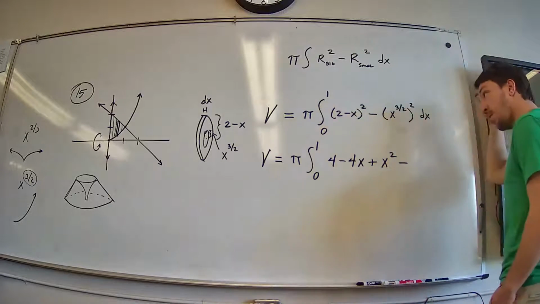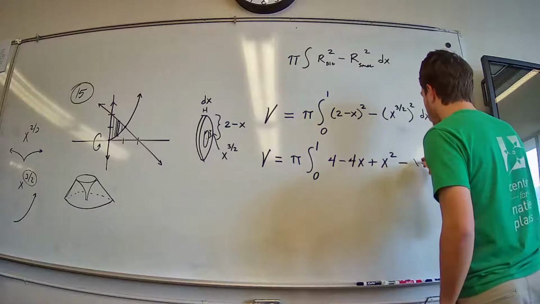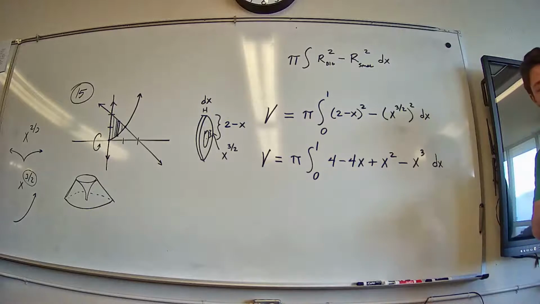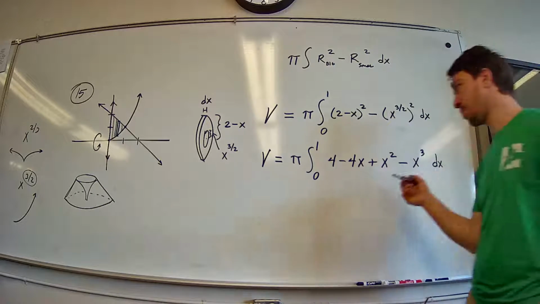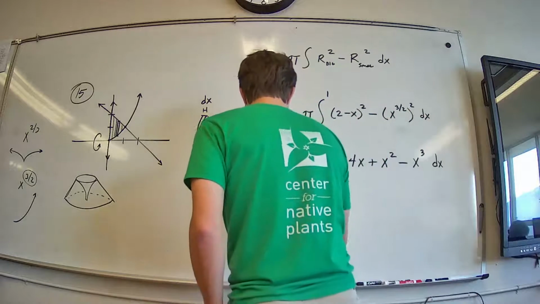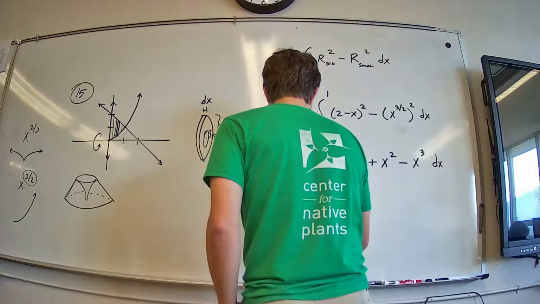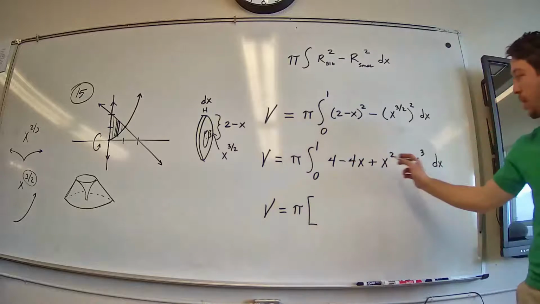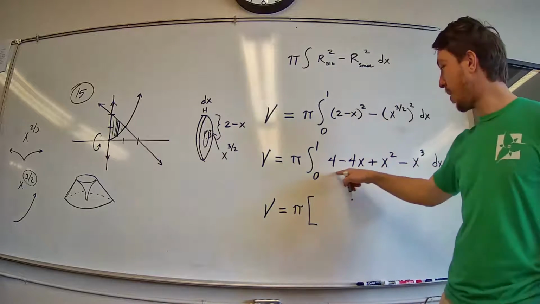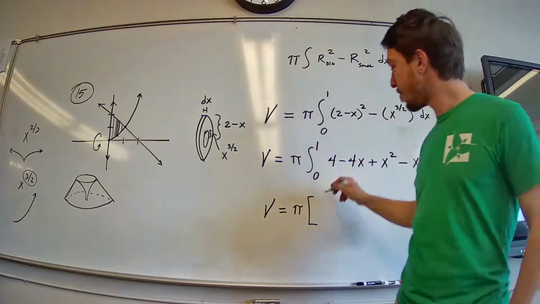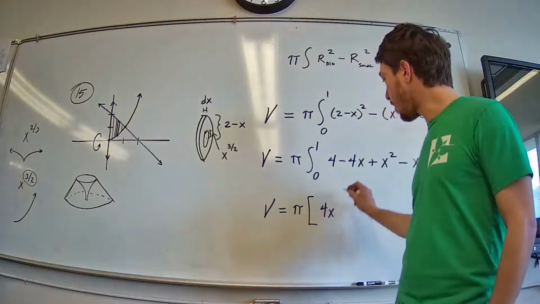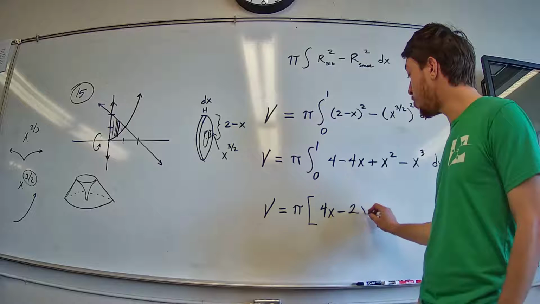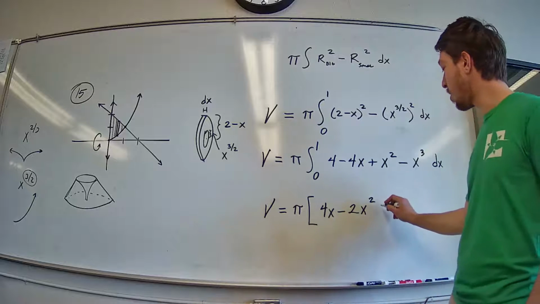And what does this turn into? X to the third. And so let's integrate each term. 4x minus 2x squared.